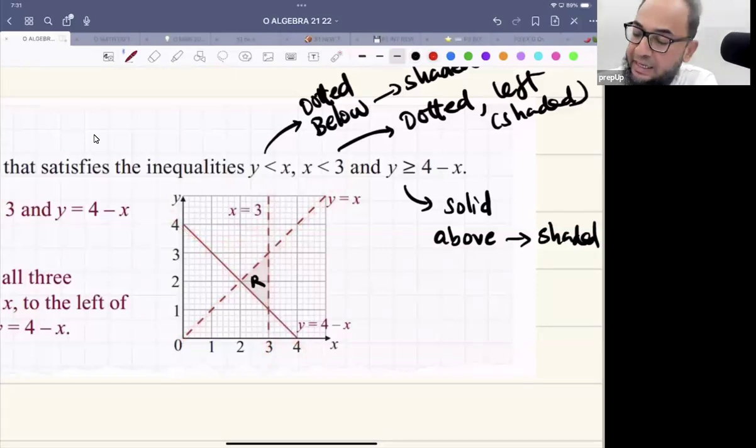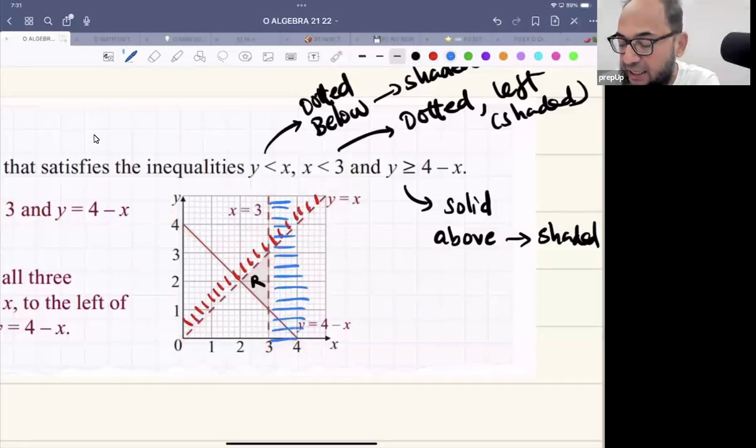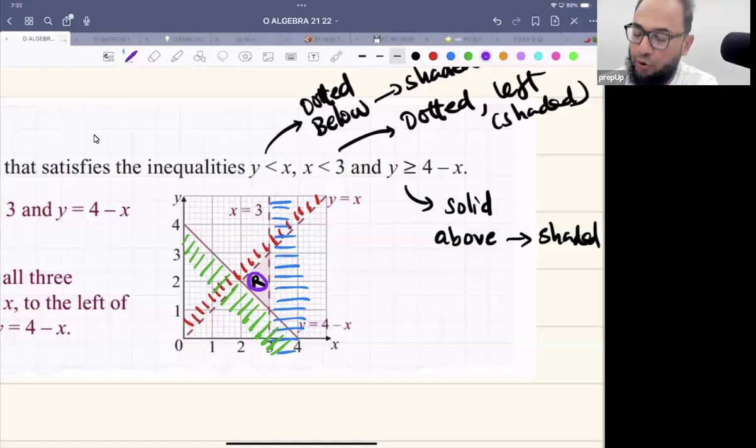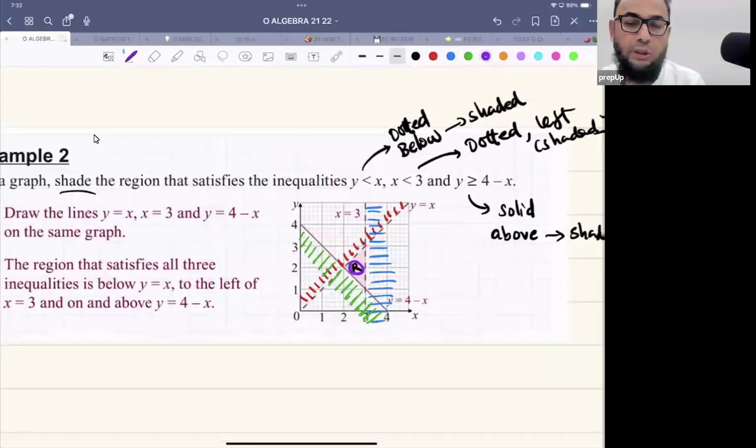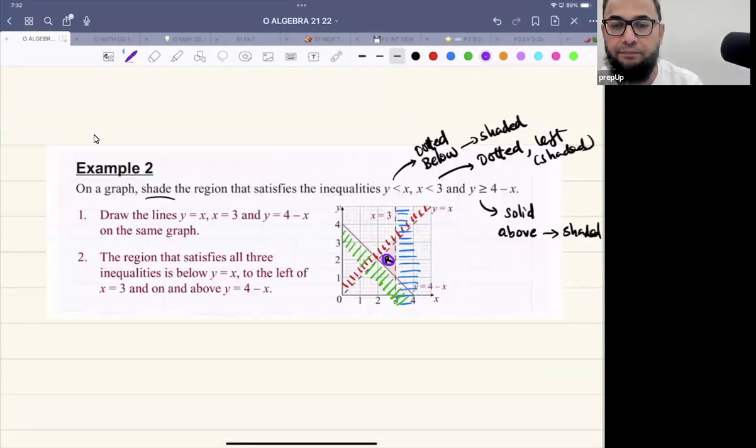Maybe if this was an exam question, then this is the unshaded region like this, and this is the shaded region, and the unshaded is the one that I'm interested in. So therefore, this is what is required over here. I hope you got the idea loud and clear.